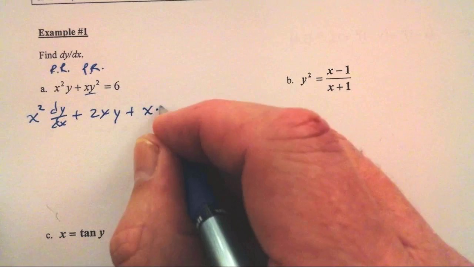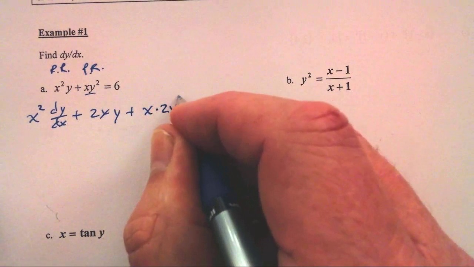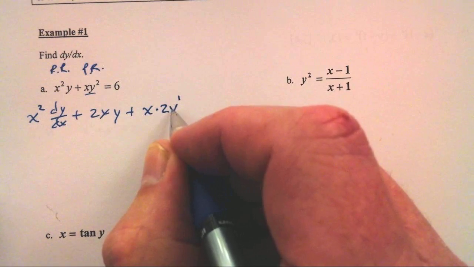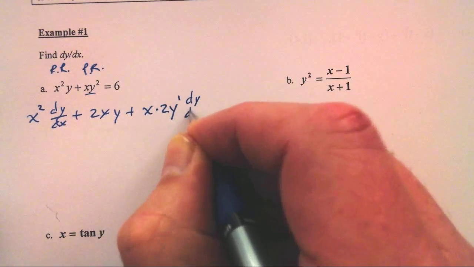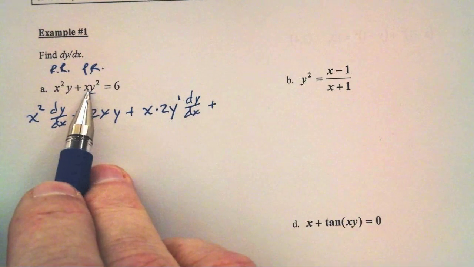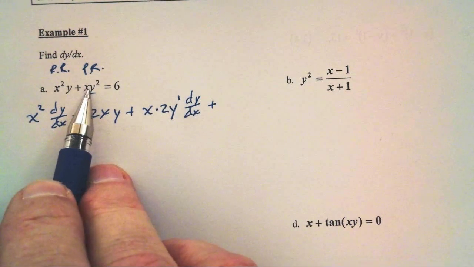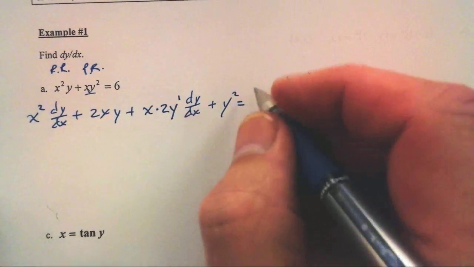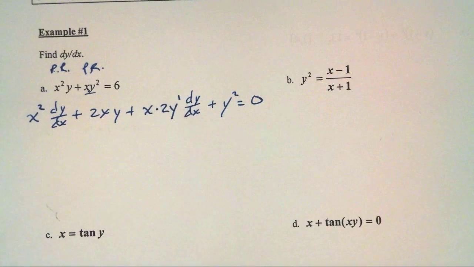So that is times 2y to the first times the inside function y's derivative, dy dx. Plus the derivative of the first function, x, is 1, times plain old y squared. Equals the derivative of 6, 0. Didn't matter what 6 was. 6 could be a million. It's still 0.